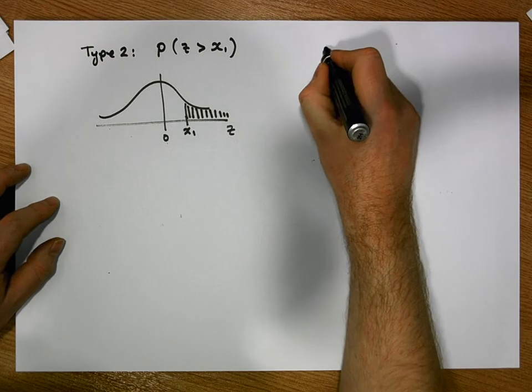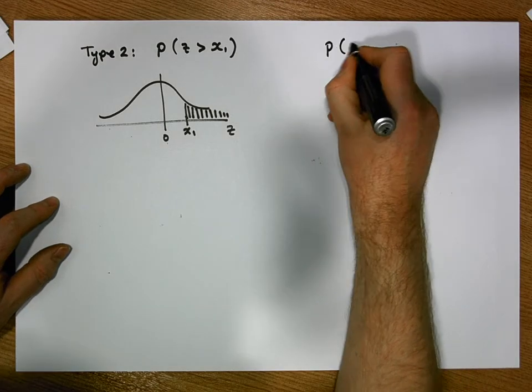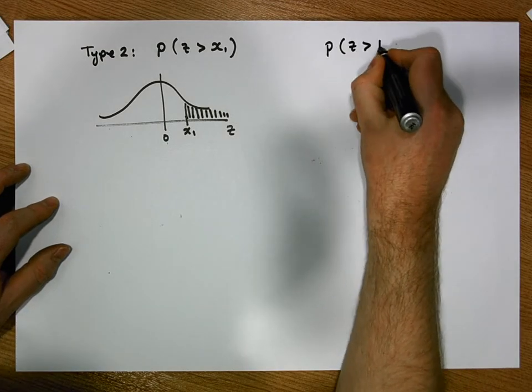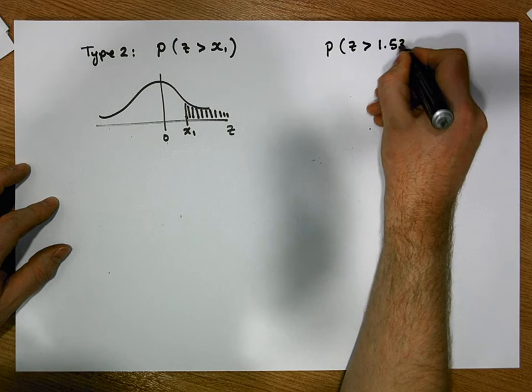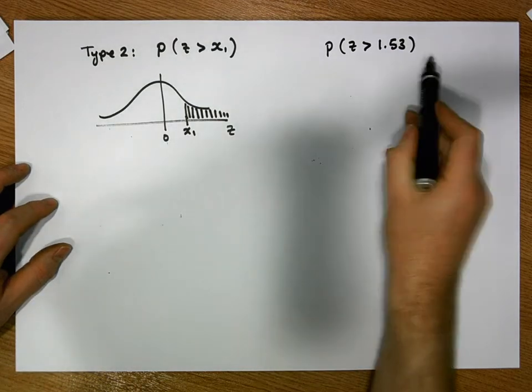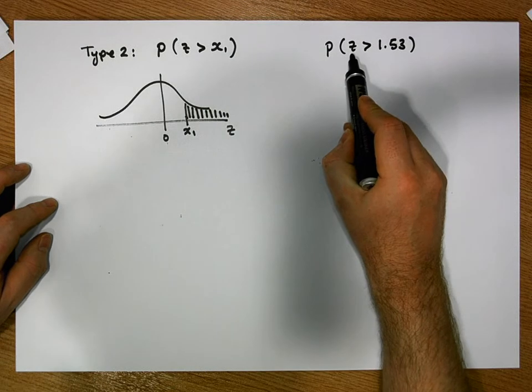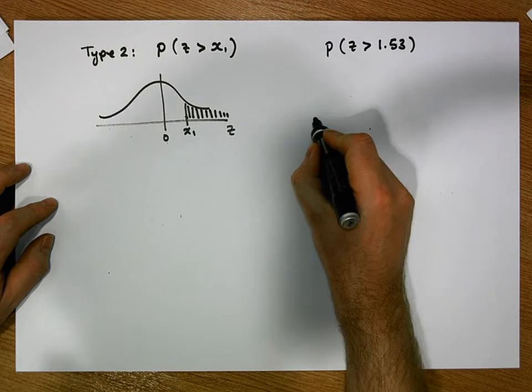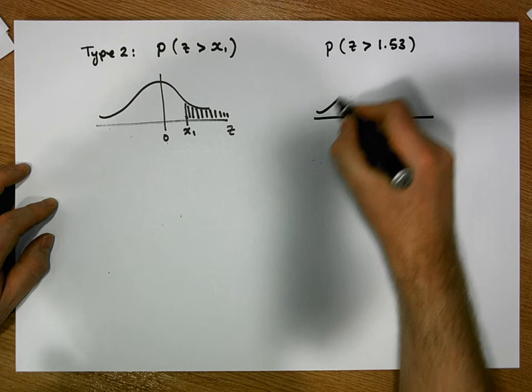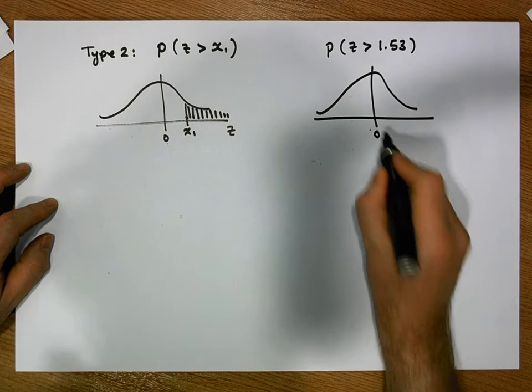In this situation, let's say we want to calculate the probability of observing a z-score that's greater than 1.53. The first thing we do when we're given a probability statement like this, with respect to the standard normal variable z, is we draw the distribution. The distribution is a bell-shaped curve, centered on 0.